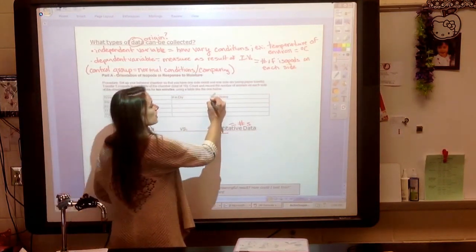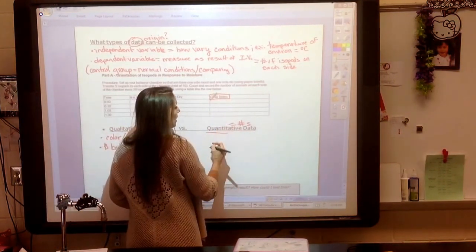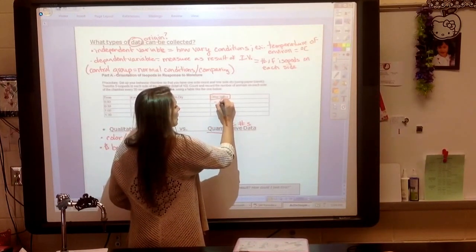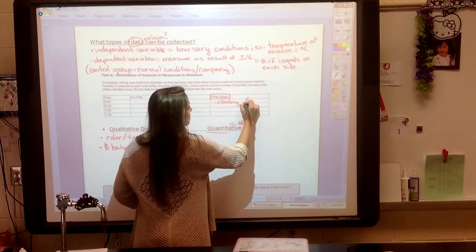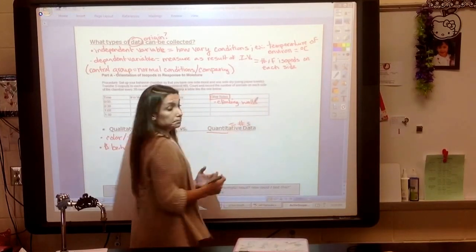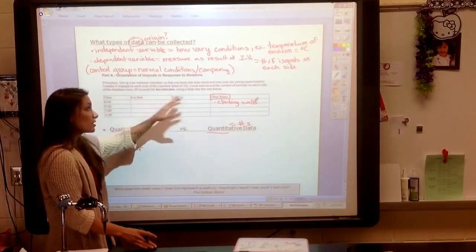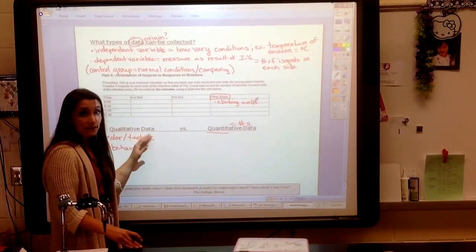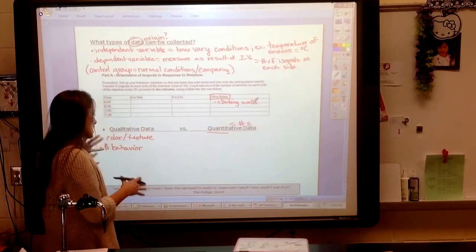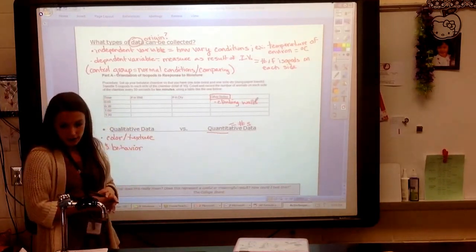So this is where these other notes come into play. So we might have seen that they are climbing the walls. And that is going to be a qualitative piece of data. And that qualitative data is valuable as well. But you can't really analyze qualitative data.